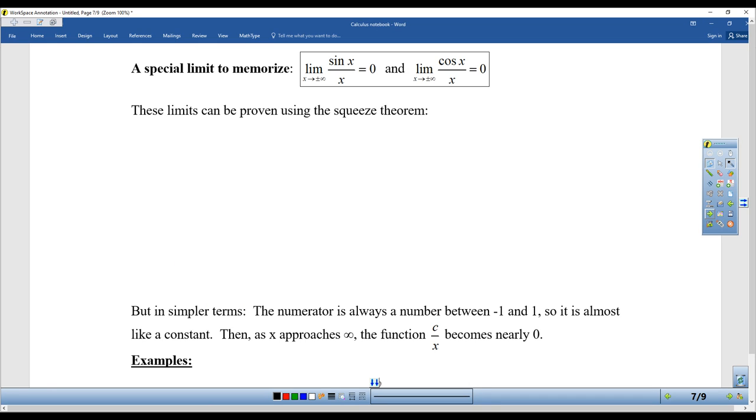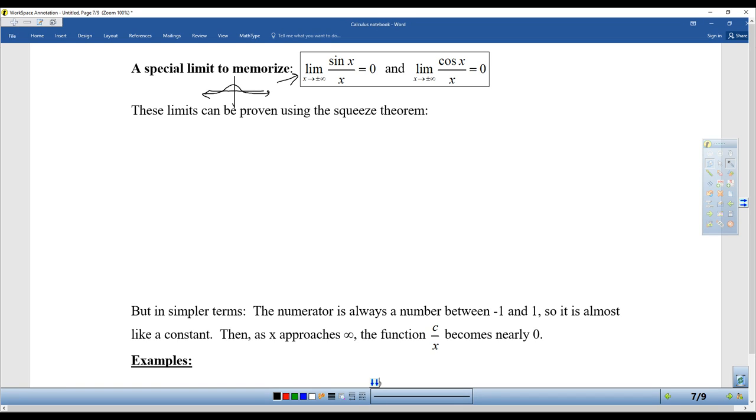So we talked about sine of x over x last class. The graph for sine of x over x looks something like this. I think I told you that I really wanted you to memorize the graph instead of the information, and now you know why. Because you're going to have to memorize both sine of x over x as x approaches infinity and sine of x over x as x approaches 0.